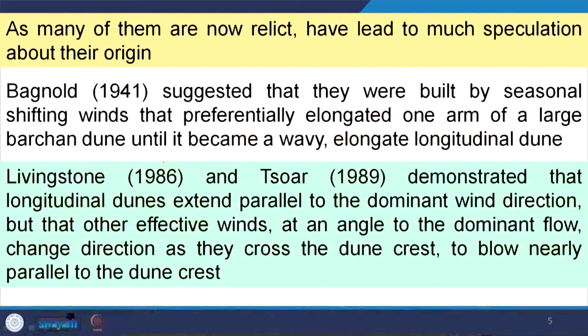Livingstone in 1986 and Shore in 1989 demonstrated that longitudinal dunes extend parallel to the dominant wind direction, but that other effective winds at an angle to the dominant flow change direction as they cross the dune crest, to blow nearly parallel to the dune crest. So, their observation is that longitudinal dunes form parallel to the wind direction, and if the wind hits the dune from other directions, after crossing the dune face it becomes parallel to the elongation direction.